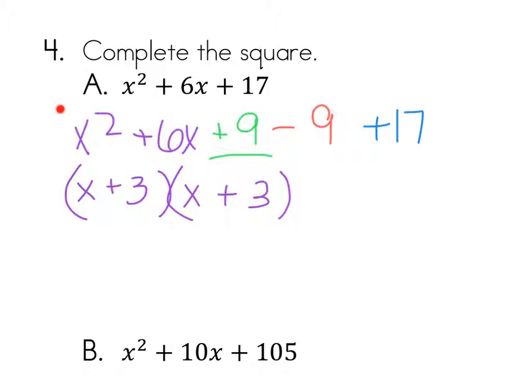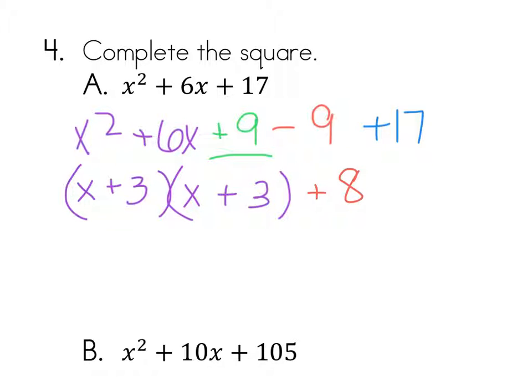So just to break this down, this piece here became this. What we haven't talked about yet is what the negative 9 and the positive 17 become. Well, that's simple. We're just going to combine those together and write it down below as a positive 8.